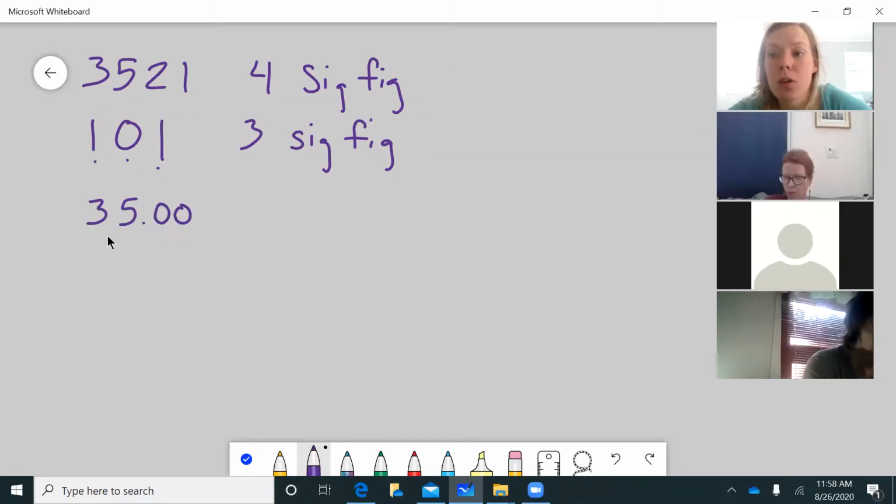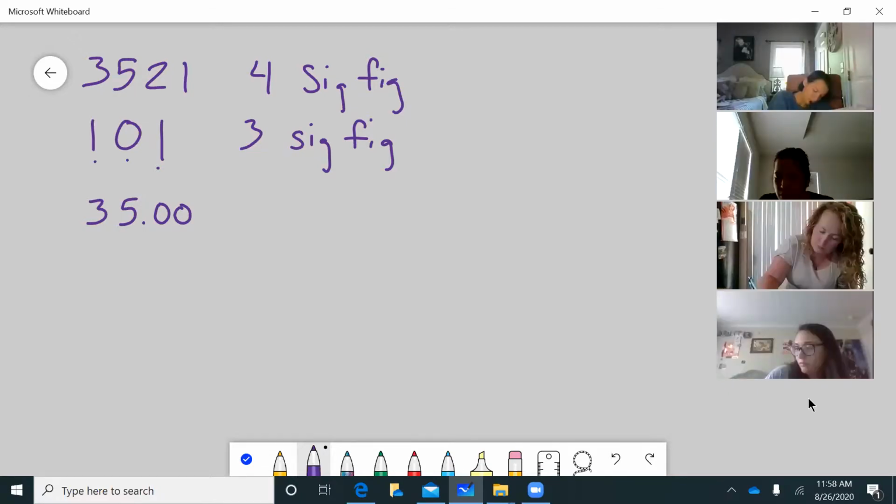The next rule says that zeros that come after a decimal place are significant, zeros that come after the decimal place and after the main number itself. Looking at this, the 3 is significant, the 5 is significant, and both of those zeros are significant. So we would say that this number has 4 significant figures.